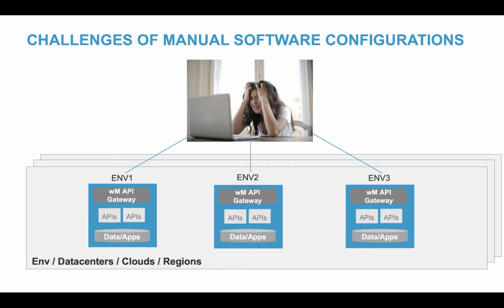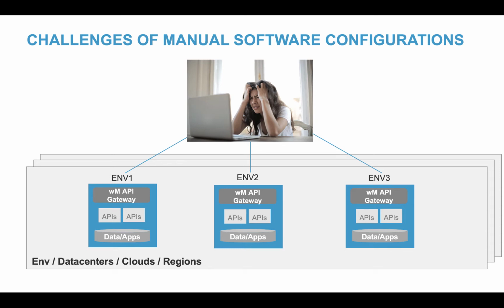But first, let's do a very quick recap as to why this is all important. In your environment, you first have likely multiple levels like dev, tests, staging, prod, multiple data centers or multiple clouds, and multiple regions. Now, if you have to deploy APIGateway in all these different places, you have to also configure them properly based on where they are deployed.